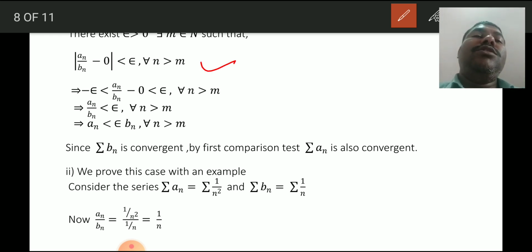So that means an by bn lies between minus epsilon and epsilon for all n greater than m. So that can be written as an by bn less than epsilon for all n greater than m. So next, that means an less than epsilon into bn. So since bn is convergent, by the first comparison test summation an is also convergent.